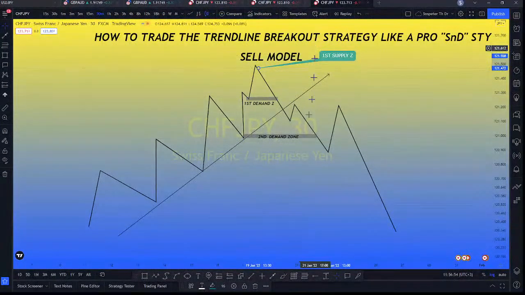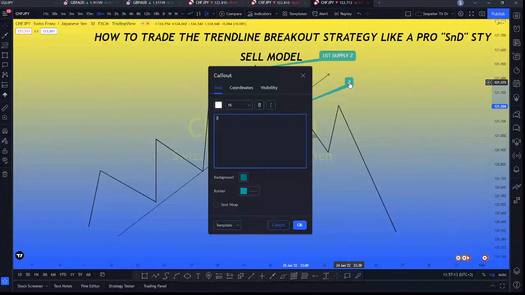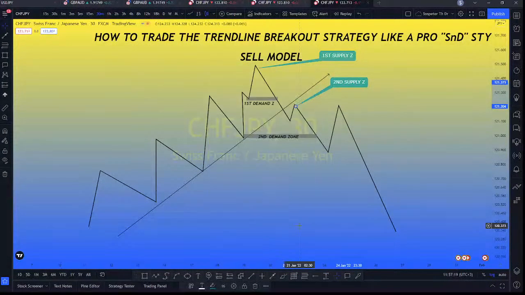Now we identify the supply responsible for consuming the second demand zone, which is this one. This is the supply that pushed the price and broke this structure below. So this is our second supply zone.